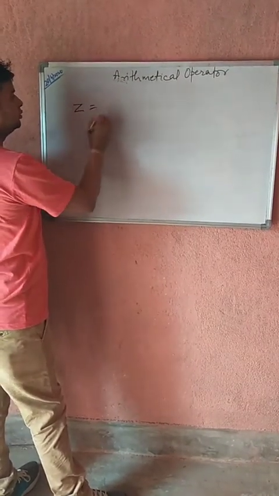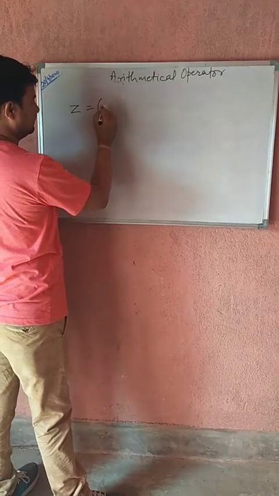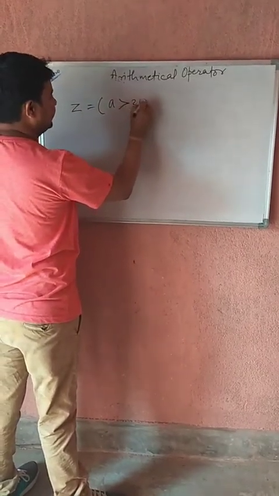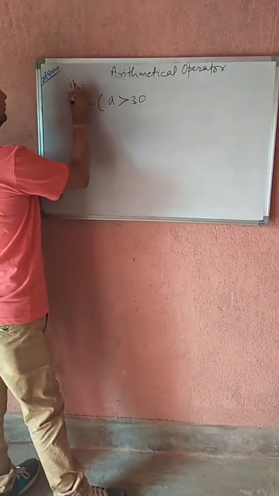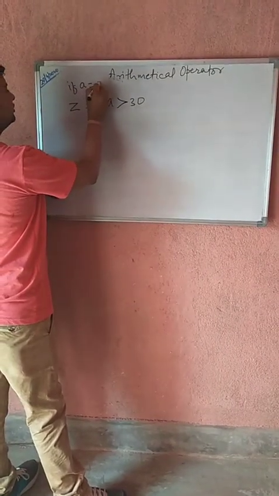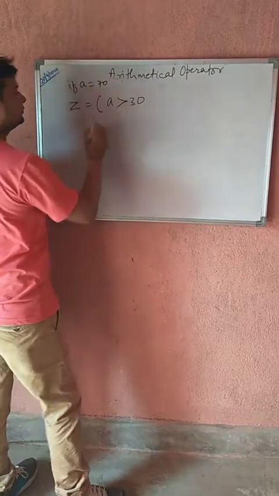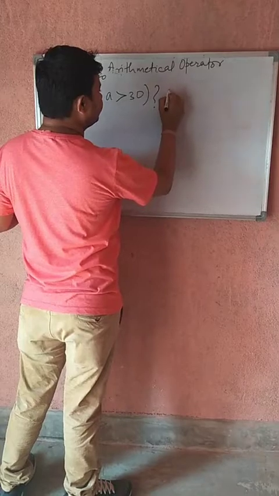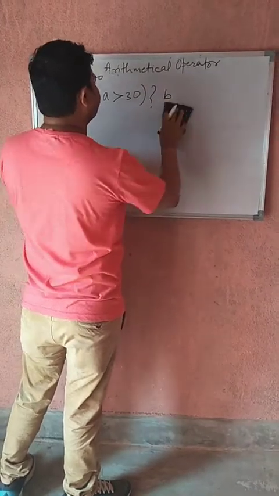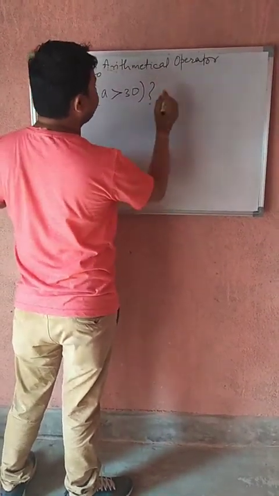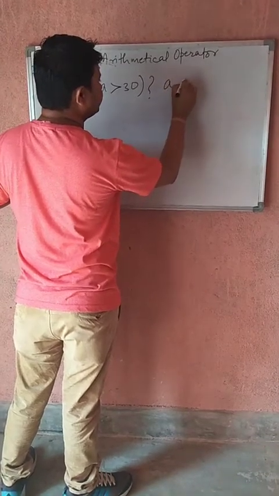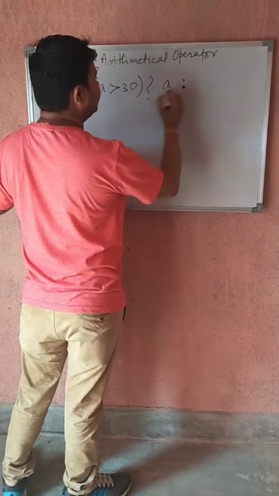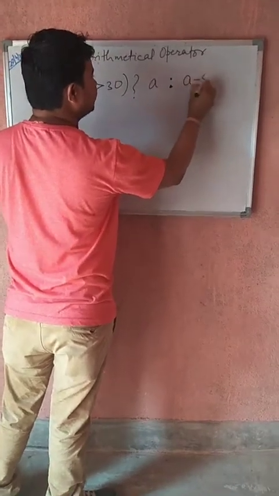Z equal to A is greater than 30, and here if A equal to 70, question mark, A colon, if it is not, in that case A minus 50.